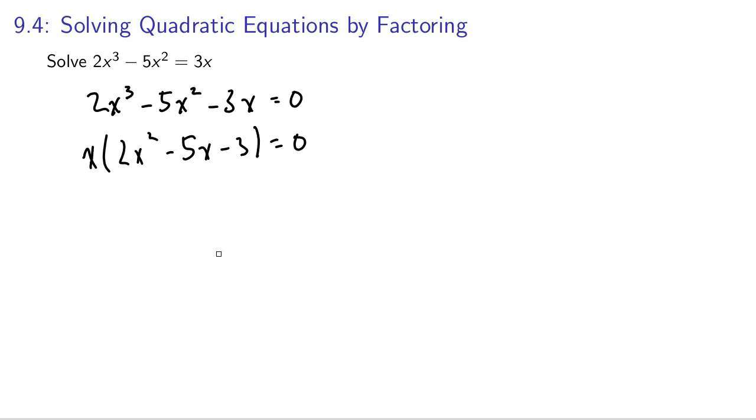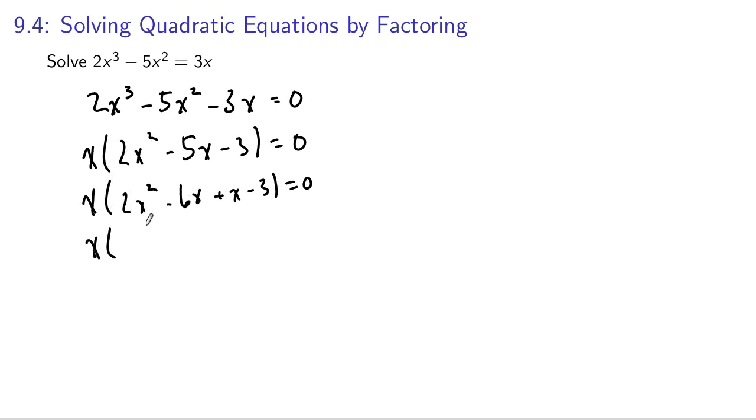Two numbers that multiply to negative 6 and add to negative 5 would be negative 6 and 1. So we could split this into 2x squared minus 6x plus x minus 3 to factor by grouping, which we have to do because of that 2.